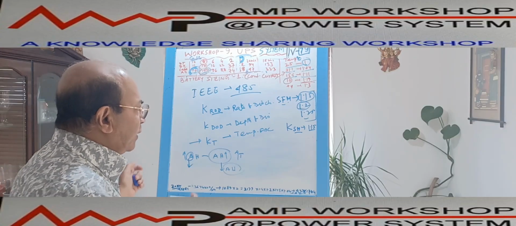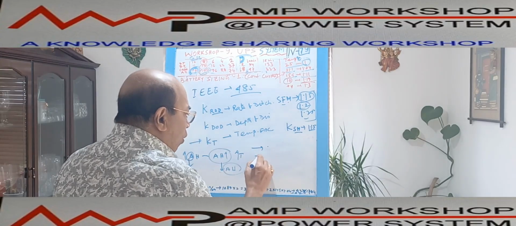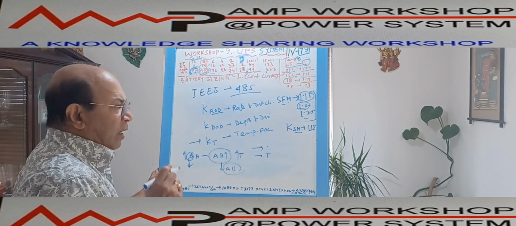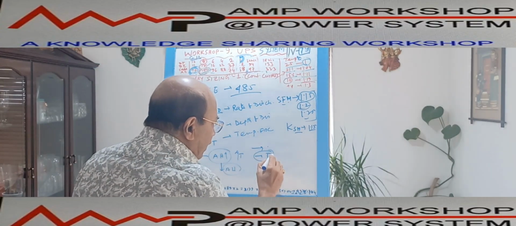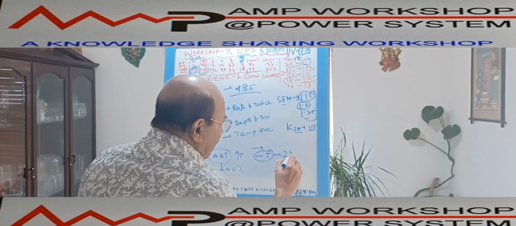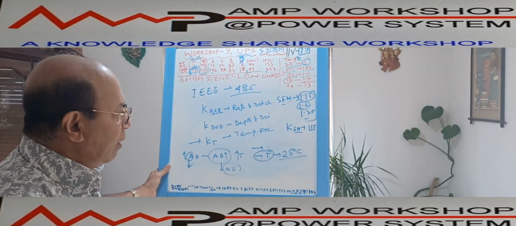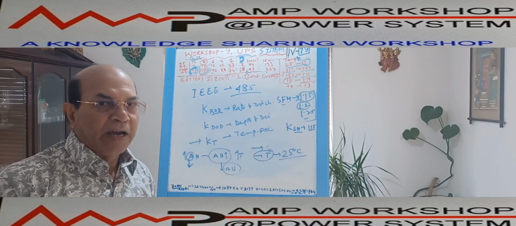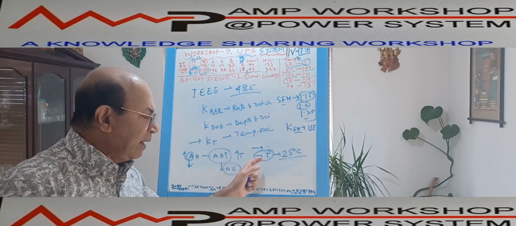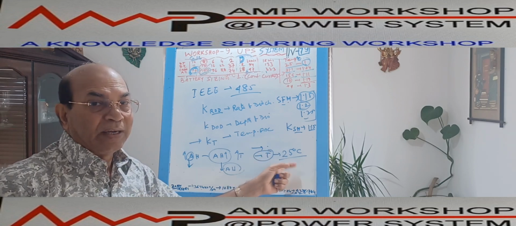One parameter is the discharge time, another is the temperature. Most manufacturers define this rated condition as 25 degrees centigrade. Whatever ampere hour they declare for their battery is defined at a temperature of 25 degrees centigrade.